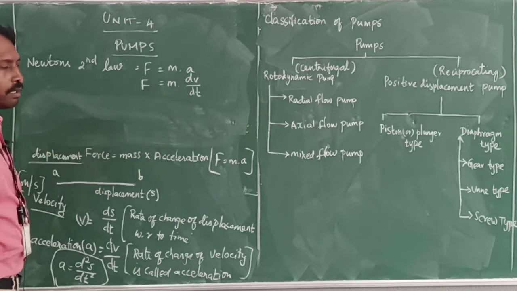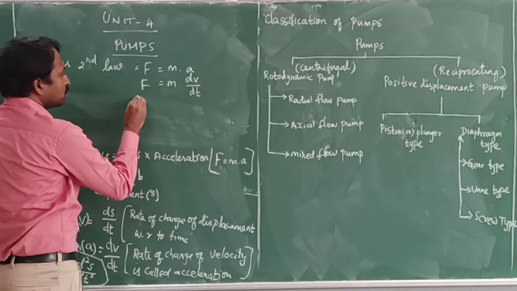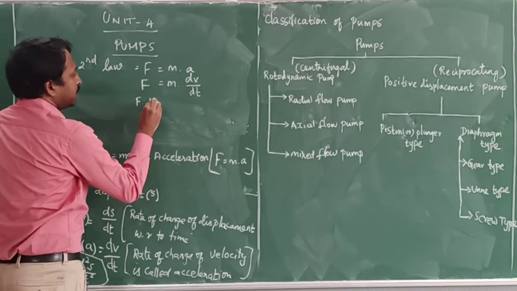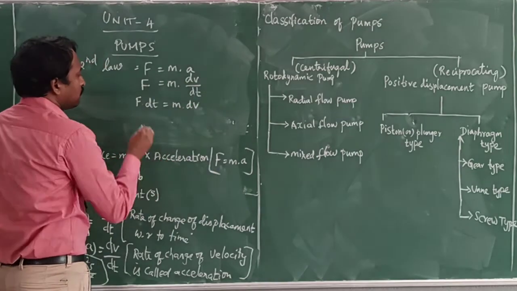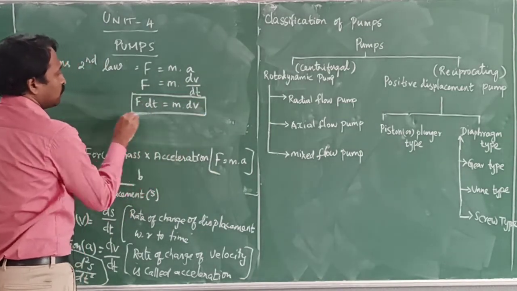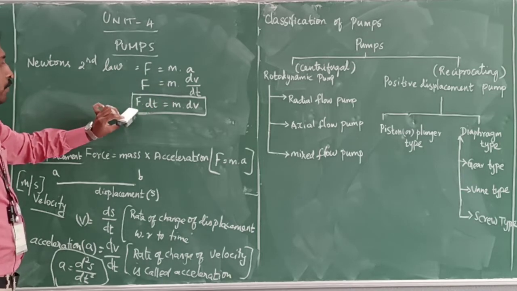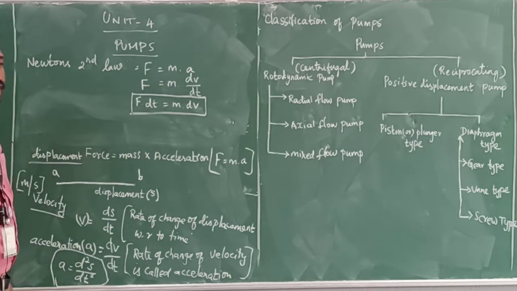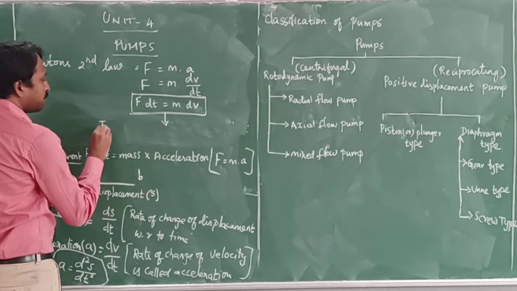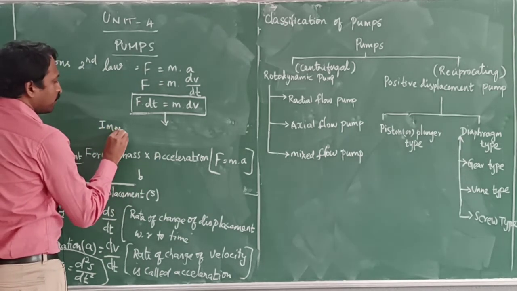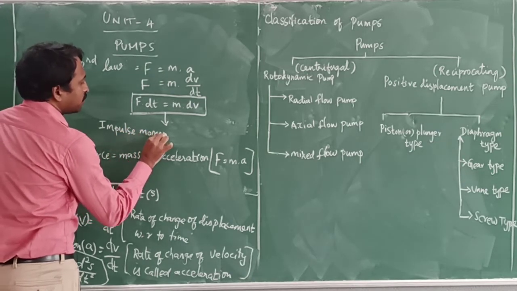While cross multiplying this, F into dt equal to m into dv. This equation is called the impulse momentum equation.